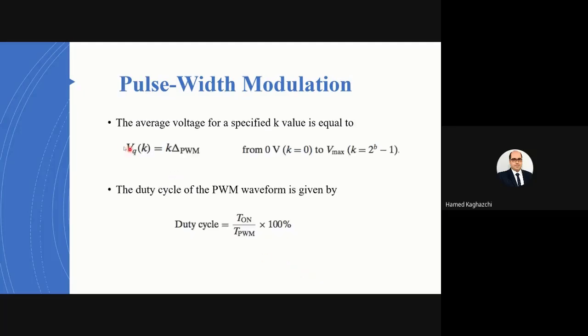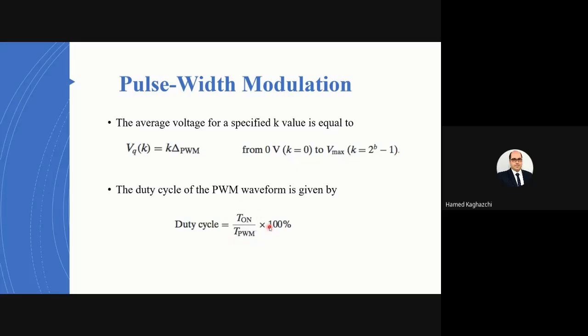Now VQ is equal to K delta PWM, that varies from 0 up to V max. And here you can see that the duty cycle can be calculated like that.